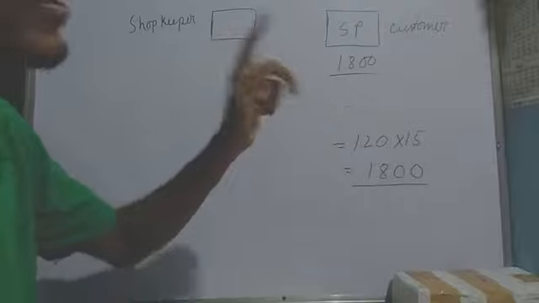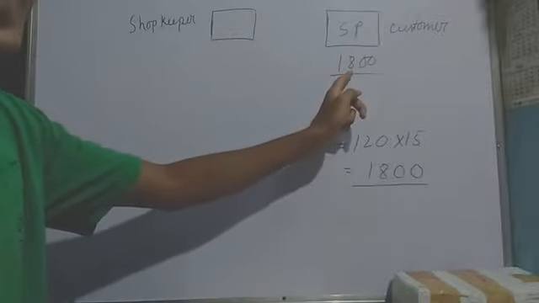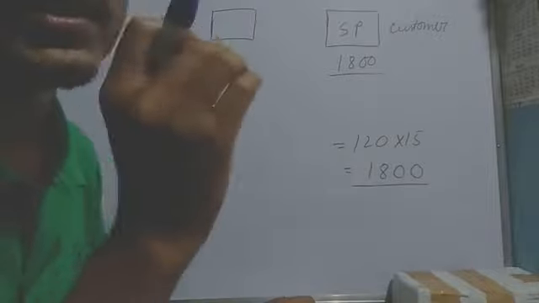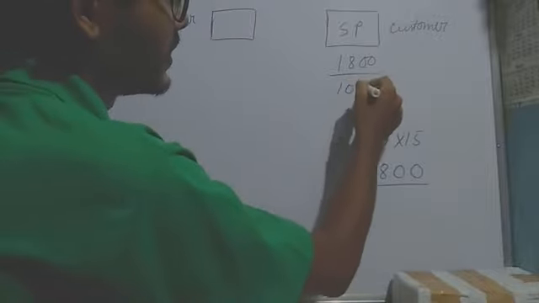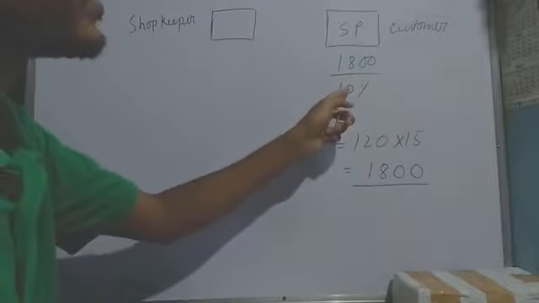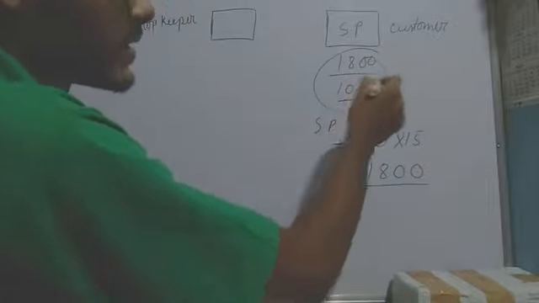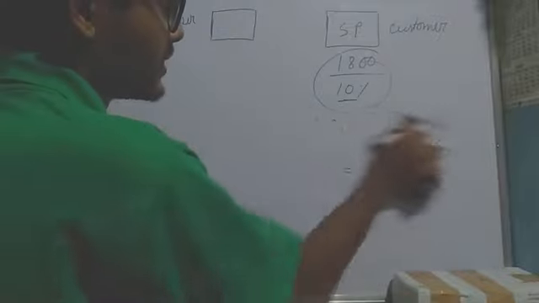Now the shopkeeper wants to sell the product at 1800 rupees to the customer and he is giving 10% discount. See, he is giving 10% discount on 1800 rupees. So what will be the selling price after giving 10% discount? This thing we have to calculate.